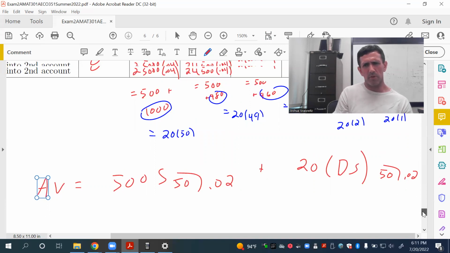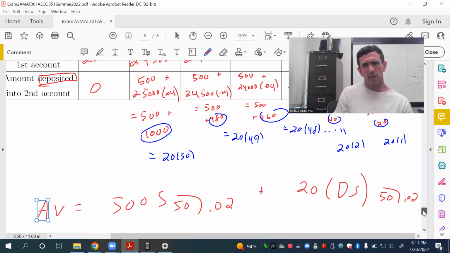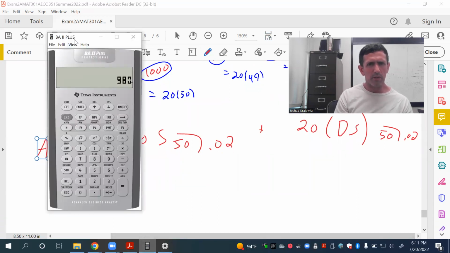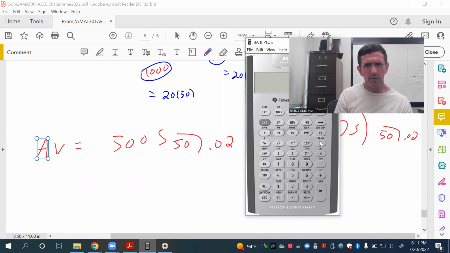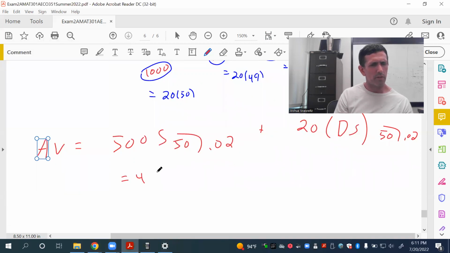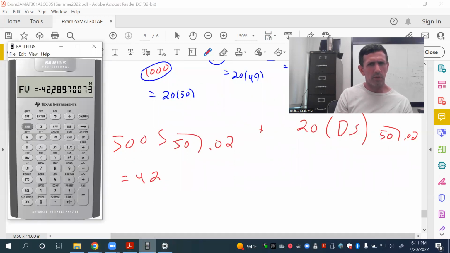The last payment is 20, and interest is 2%. All right, so just dump it to here. Clear TVM. This is payment 500, N 50, interest 2, compute future value 42,289.70.